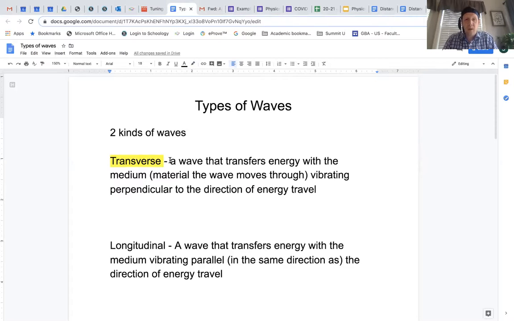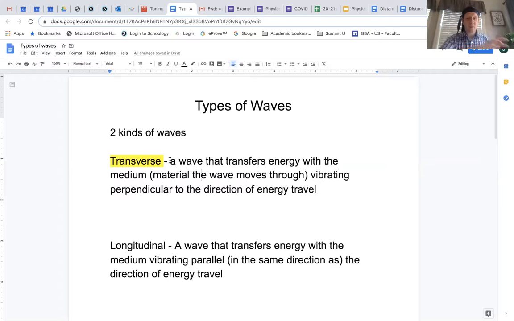There's only one kind of wave that I know of that doesn't need a medium. We're not talking about that here. But the medium is the material that the wave moves through. So the sound waves that you hear coming out of your computer speakers or your iPad speakers are traveling through air. Air is the medium. If I was to whack this tuning fork, you probably heard a faint middle C there.